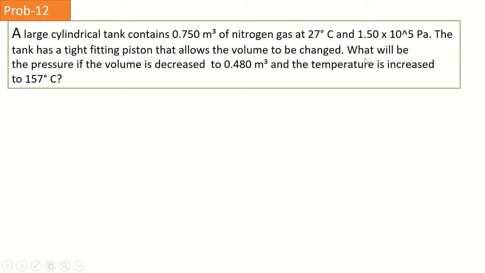The question says find the pressure when the volume is decreased to 0.480, before the volume was this, and the temperature is increased to 157 degrees centigrade. Before, the temperature was 27 degrees centigrade.